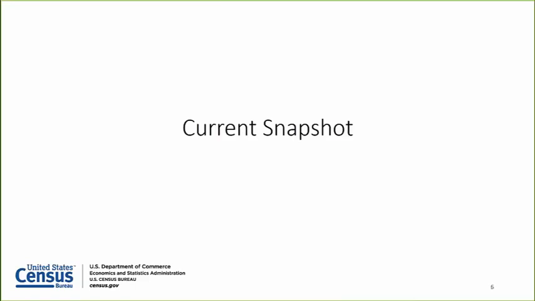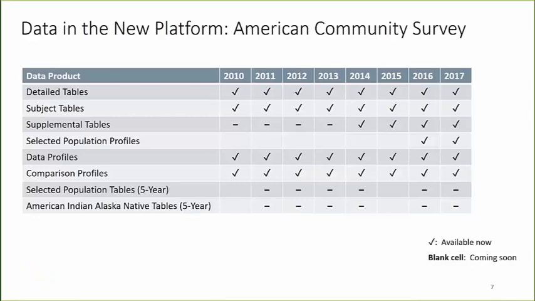All right, so a current snapshot. As a developing site, not all of our data and content have been migrated to this site yet. In fact, we only have a portion of what's in AFF. But here's a list of what data are available for American Community Survey.